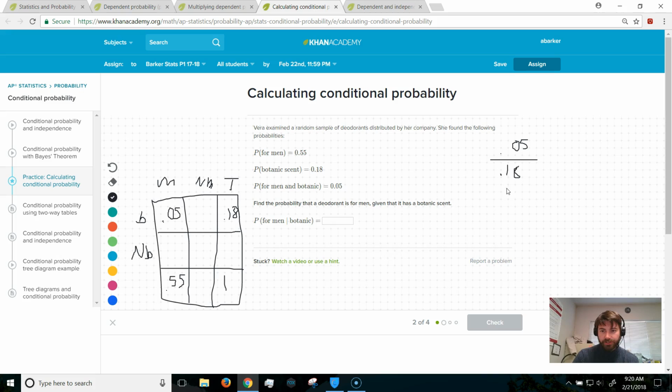So this ratio, 5 out of 18, this is it. It might be difficult to realize this is the numerator, but it helps if you see this. The given is the botanical, so we're only looking at this row here. That's the total of this row, and then for men is this out of this row. So that'll be the answer.